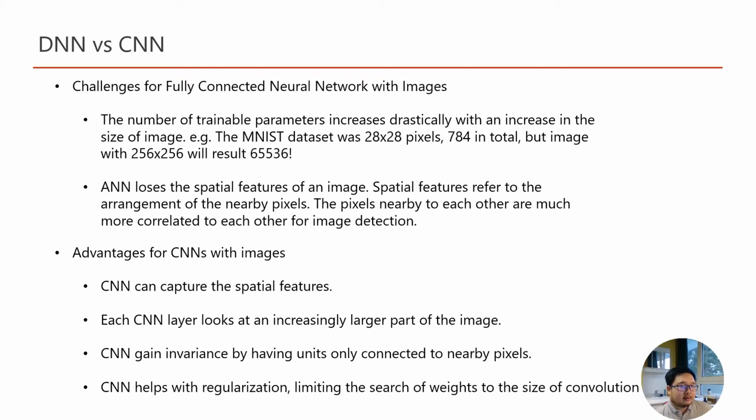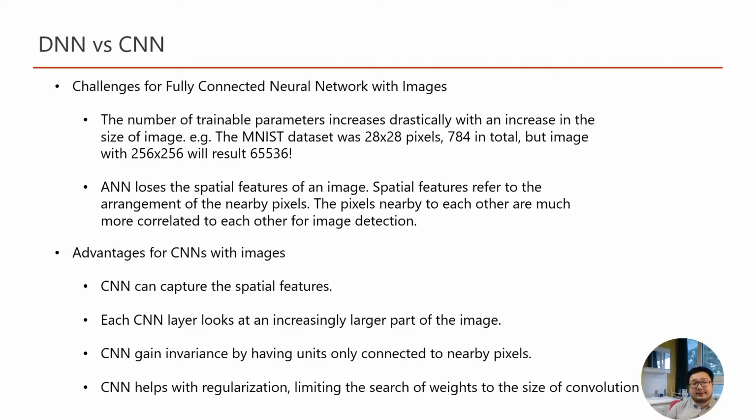Before we talk about the convolutional neural network, we also know that the fully connected neural network can also be used for tasks like classification. But why bother using a convolutional network? This is because we have the following challenges for the fully connected network when it comes to images.